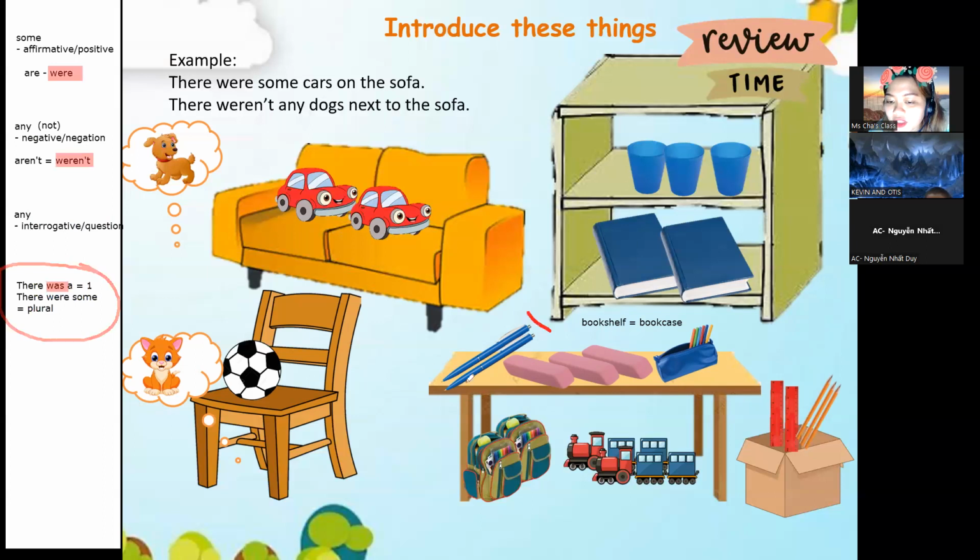How many pens are there? Two. So you're going to use there were some pens. Where? On the table. Roy.